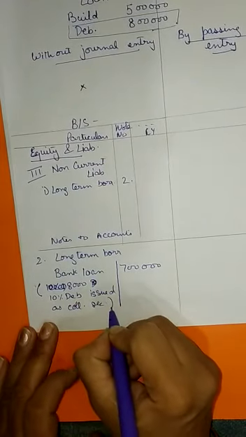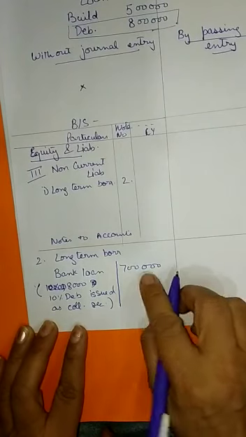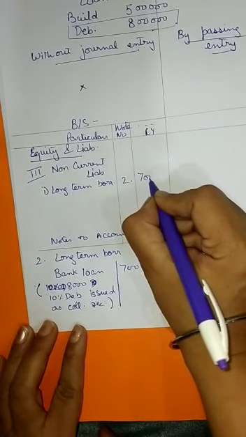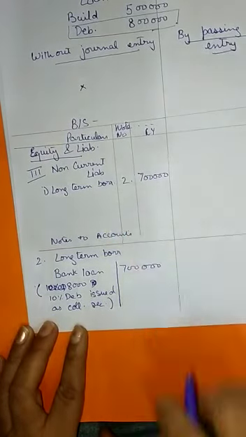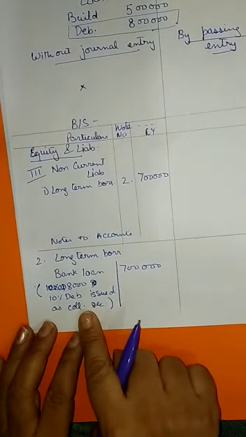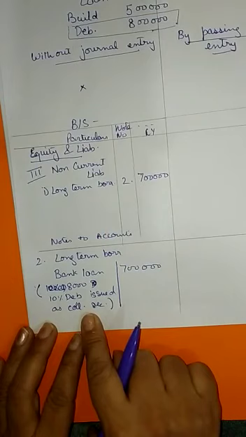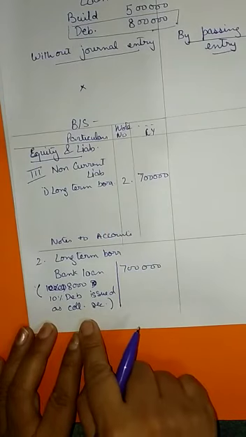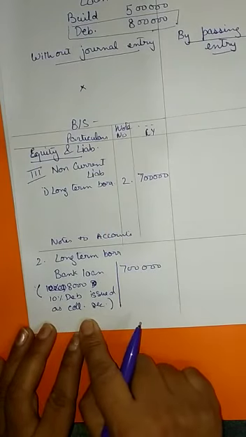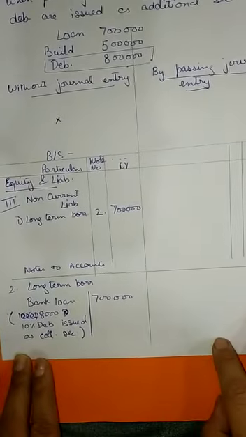We will write this in a sentence. Only this bank loan will be transferred to the balance sheet, but we have informed about such debentures in the form of a sentence in our notes to accounts. So whenever a shareholder studies the financial statement, he will get to know about this.